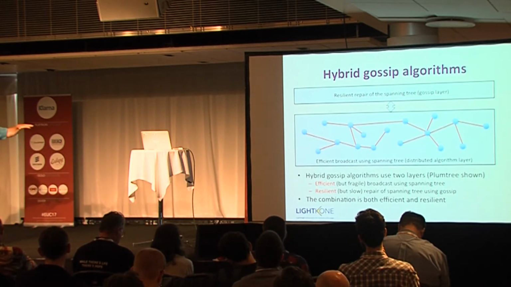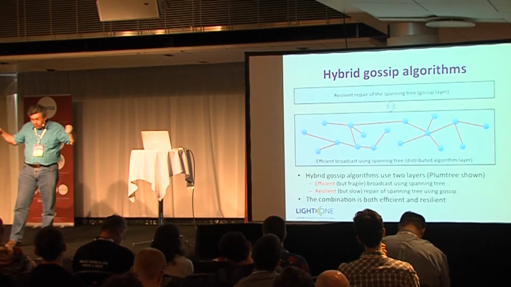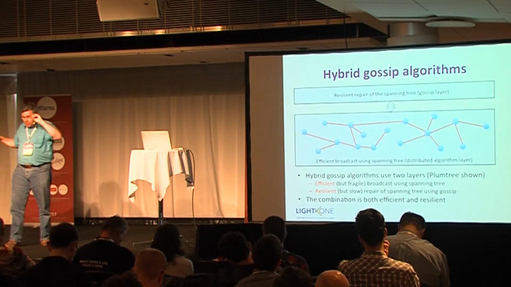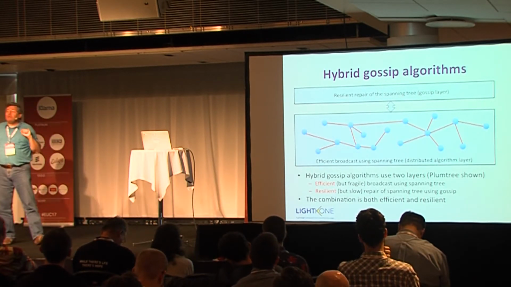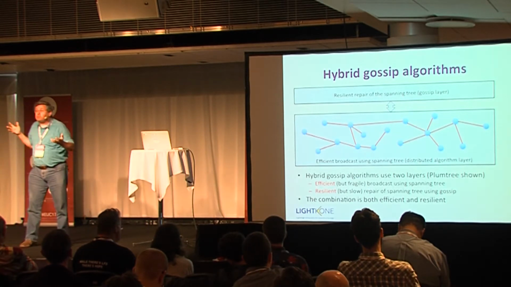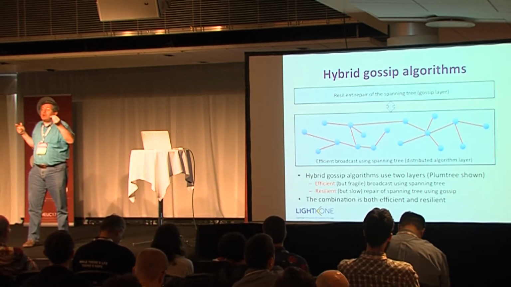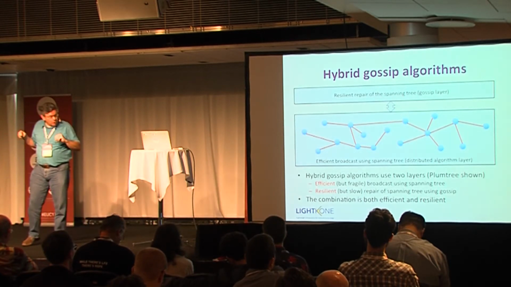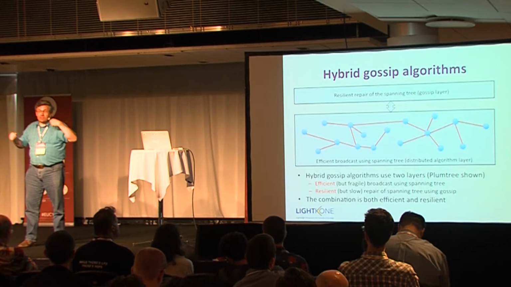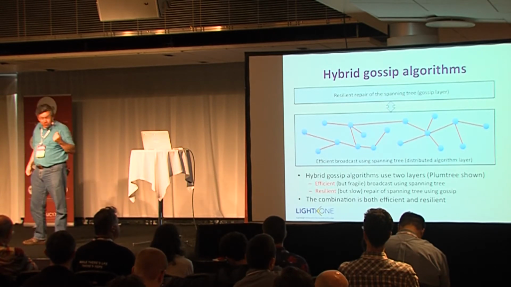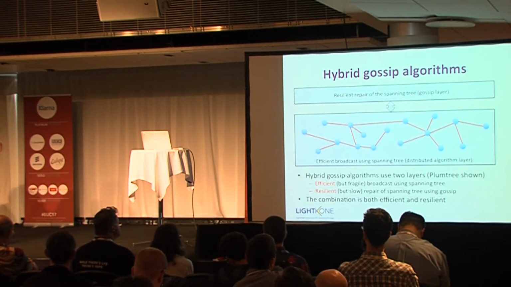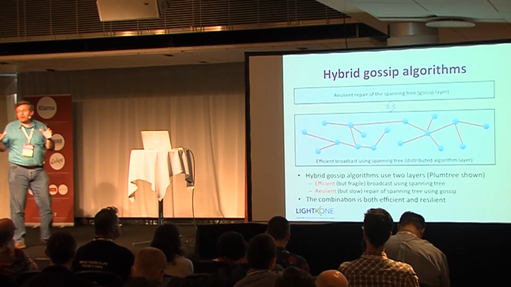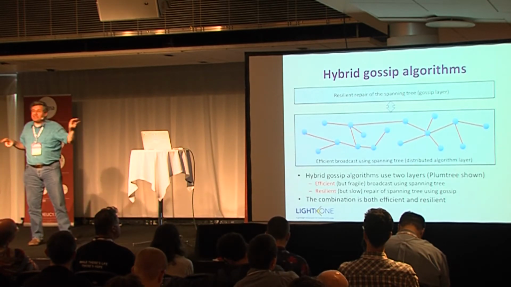Using gossiping, each node observes its neighbors, and if there's a problem with connecting to a neighbor, it will adjust the spanning tree, and it will keep trying. Maybe the neighbor comes back again, well then it will rejoin the spanning tree. So combining these two layers gives us an algorithm that is both efficient and resilient. It's a really nice sweet spot, okay? So I can recommend this kind of algorithm.